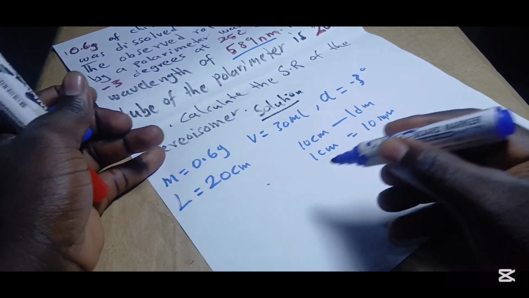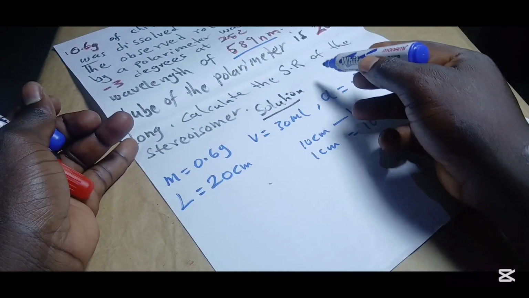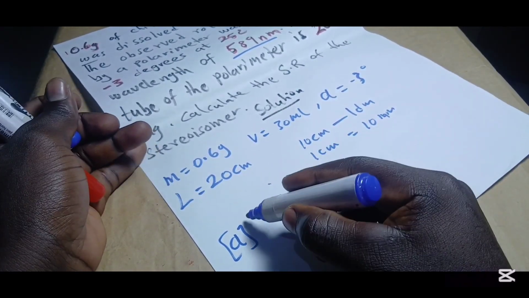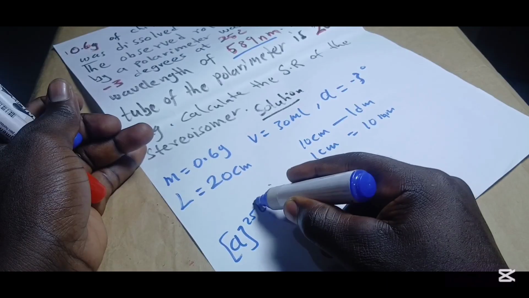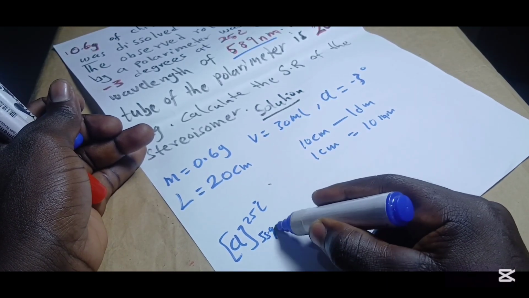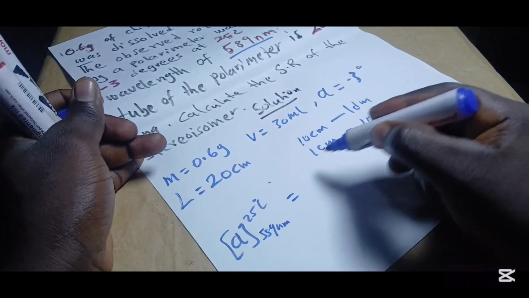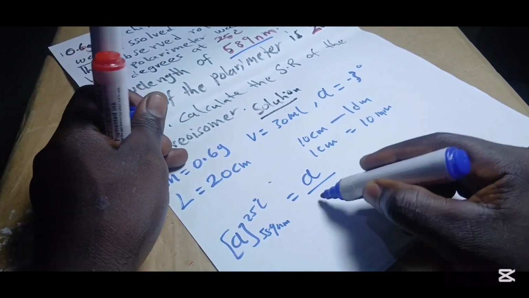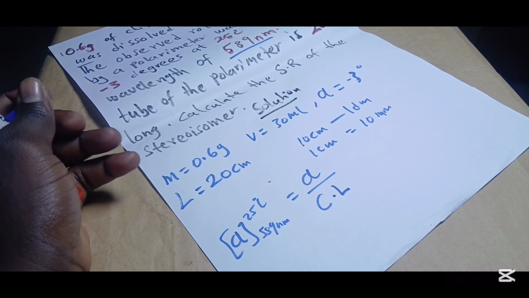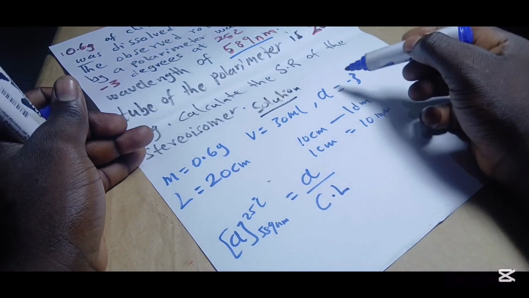For the calculation, we have to calculate the specific rotation. Specific rotation at 25 degrees Celsius, D line, you can indicate the 589 nanometers here, equals observed rotation over concentration multiplied by path length. Now, we have the observed rotation here.